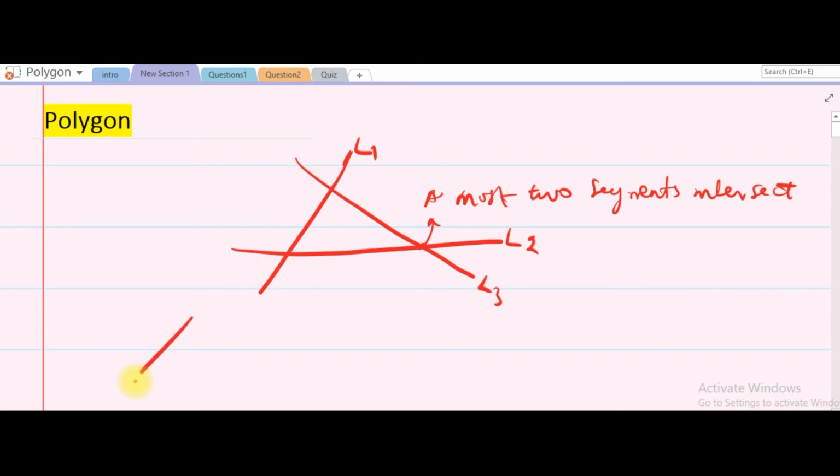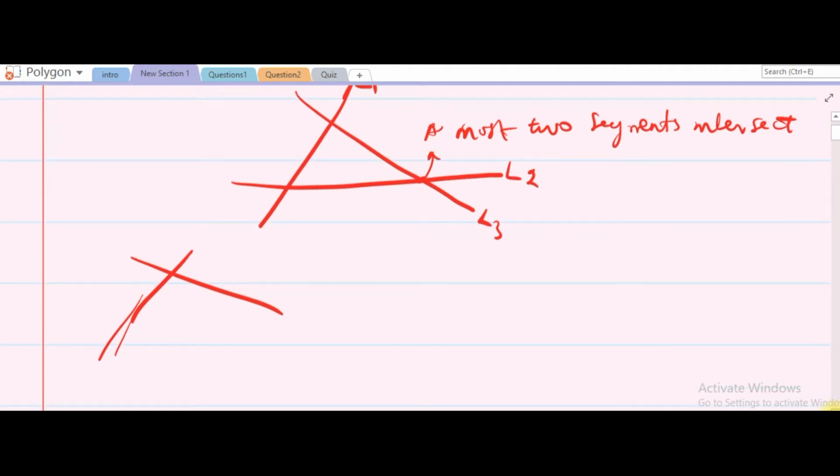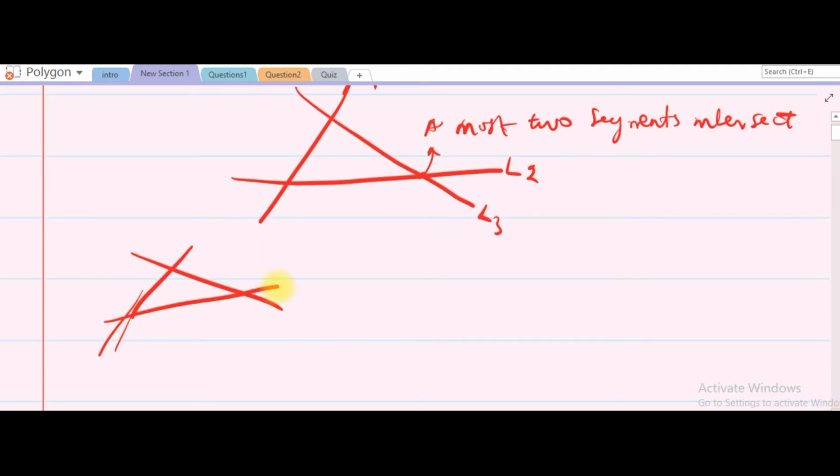But this is not a polygon, because here three segments intersect at a point. So it is not a polygon.